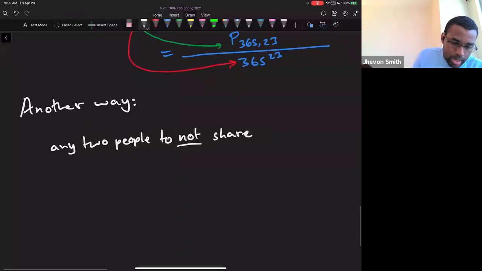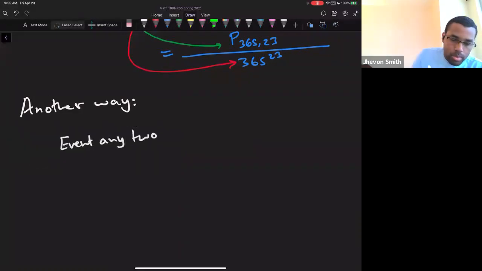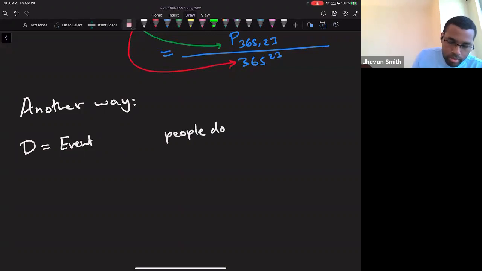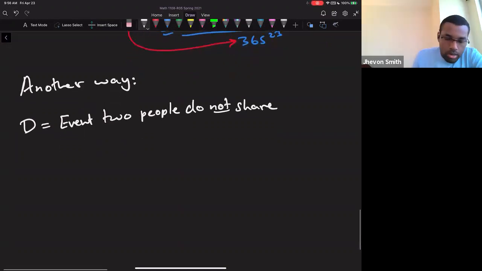Now, let me phrase that as event D equals event, any two people do not share. So probably the event that two people do not share the same birthday.